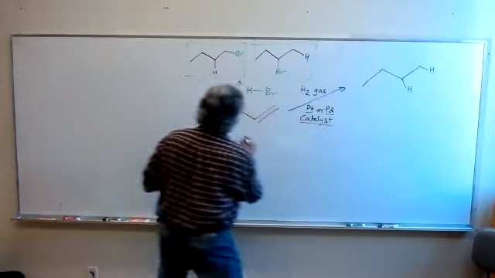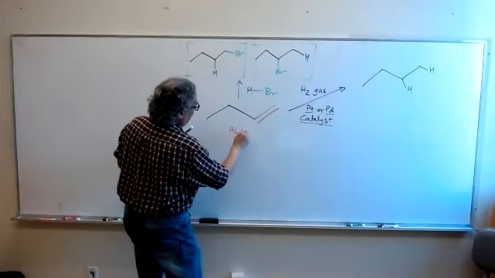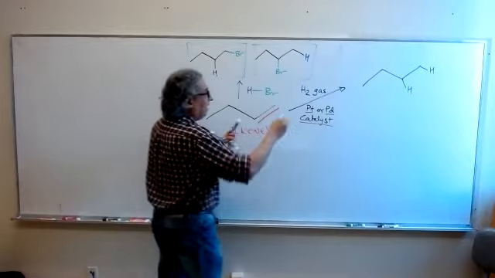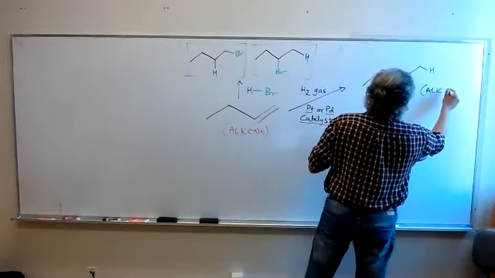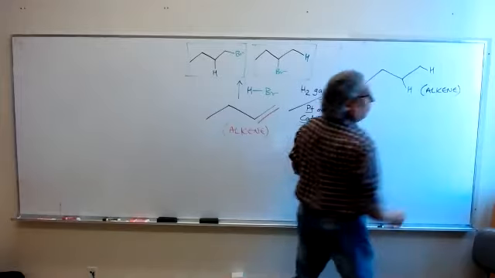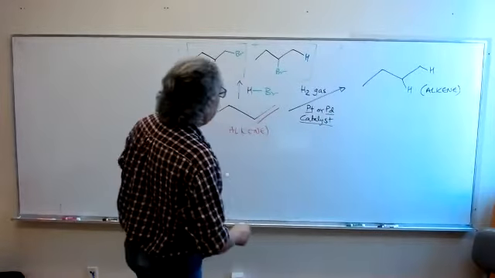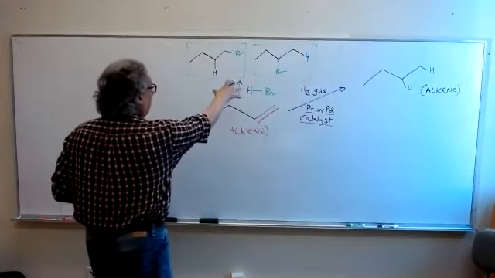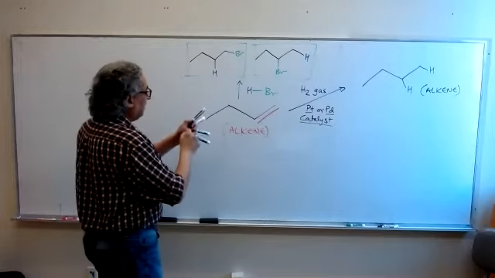So this is an alkene, and the alkene becomes an alkane. This is like going back in history: dad becomes grandfather. So hydrogen gas goes to that, and this is a different reaction from the electrophilic addition.